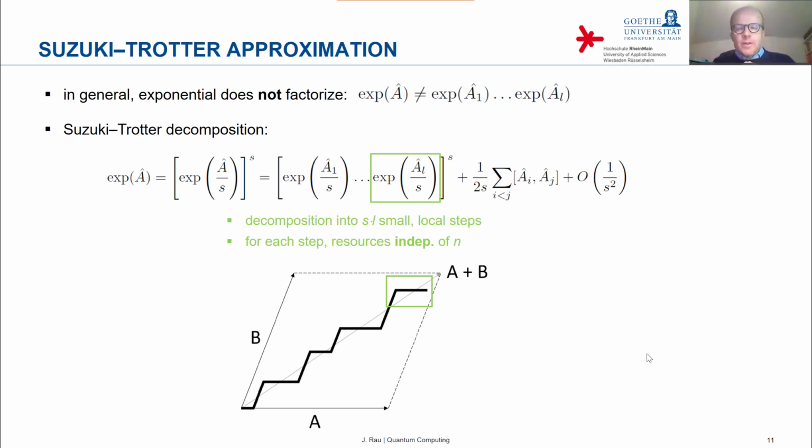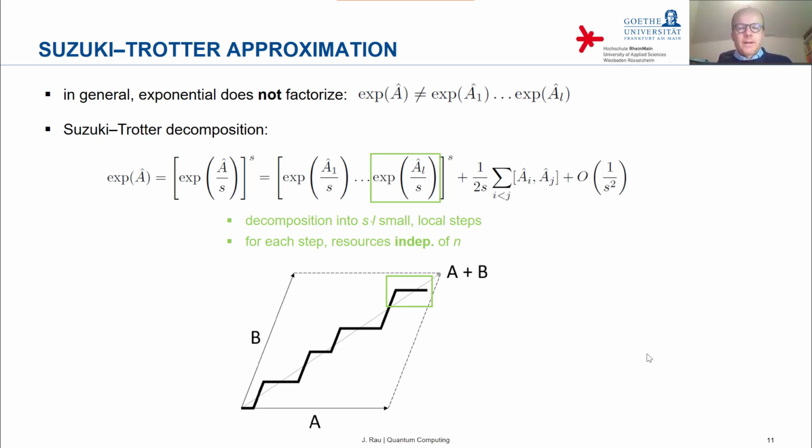Now, in terms of computational resources, since each individual local step involves only at most k particles, and the number k does not scale with n, this means that simulating such an individual small local transformation requires resources which do not scale with n, because only k particles are involved, and k doesn't scale with n.